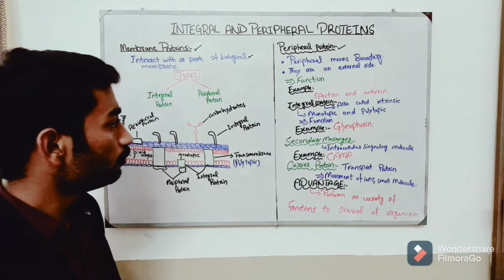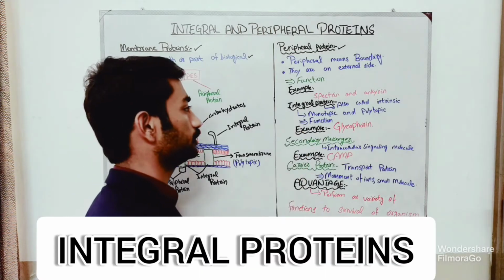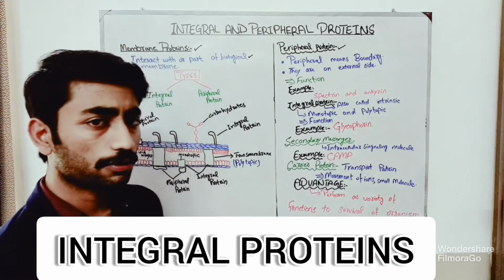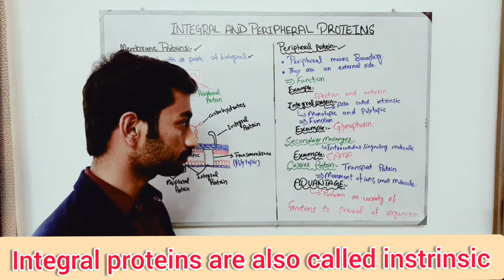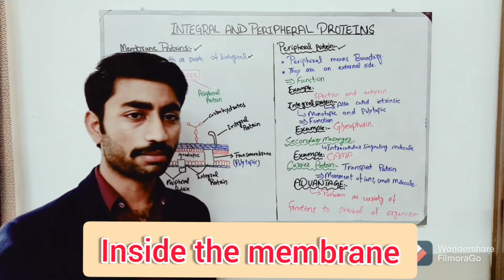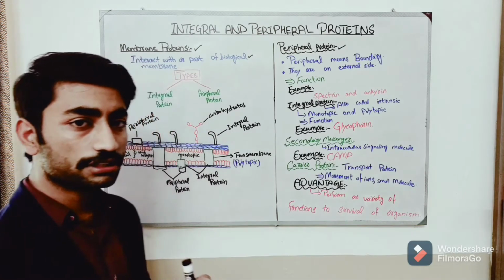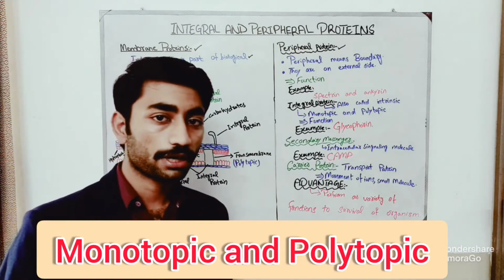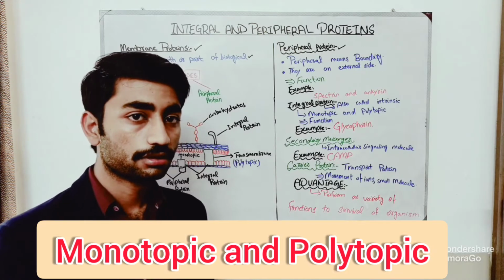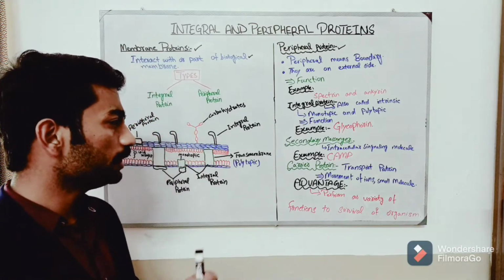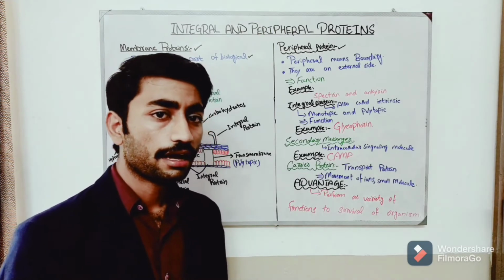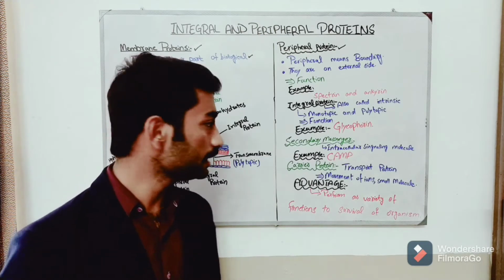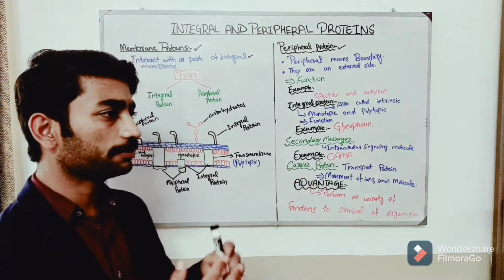Second, we discuss integral proteins. Integral proteins are also called intrinsic proteins. They are inside the membrane. These proteins can be monotopic and polytopic. Monotopic means that pass in a single way, and polytopic means that pass in a multiple way.